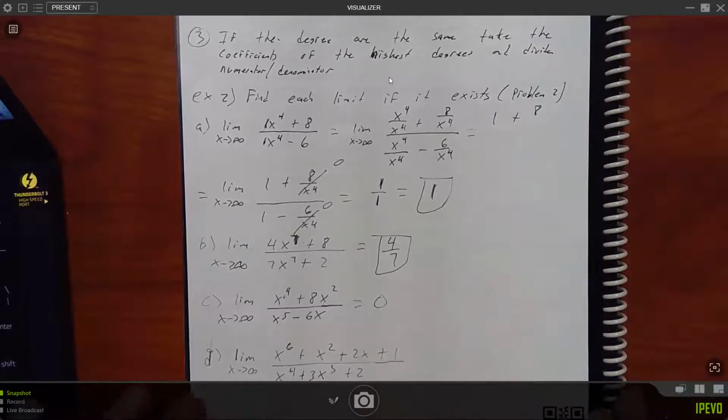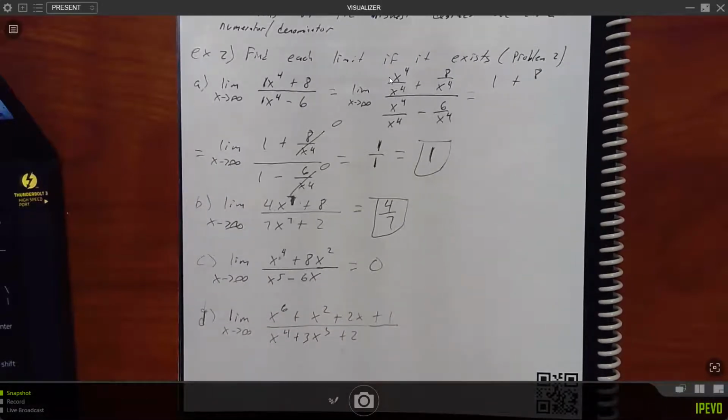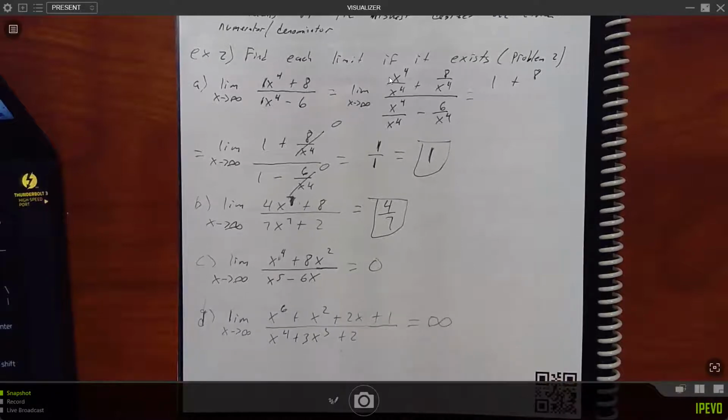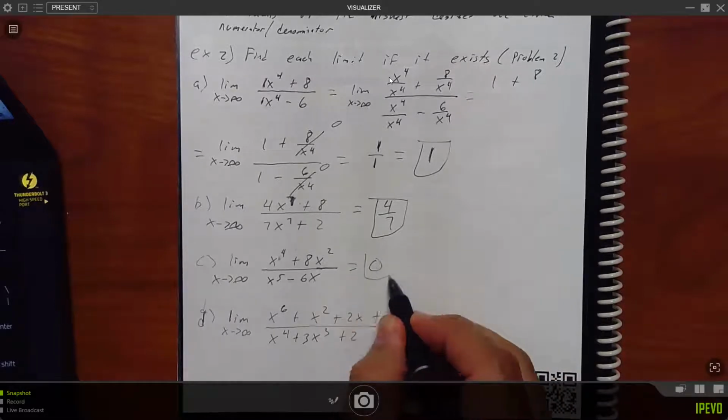Put 3 there for no reason. Yeah, so this would be infinite because the degree of the top is bigger. Does that make sense?